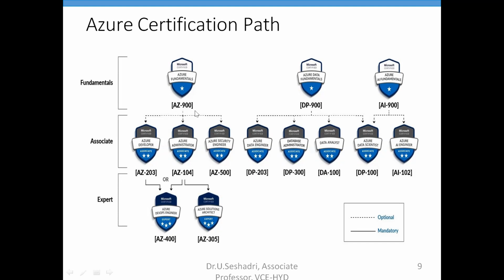AZ 900, Azure Fundamentals, DP 900, Azure Data Fundamentals, AI 900, Azure AI Fundamentals. Now I cover the content and concepts with hands-on for the associate level, AZ 104. Azure associate level, I have to cover.